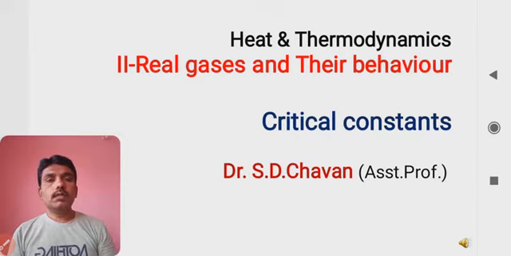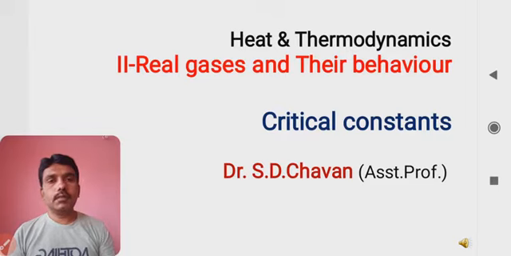Now, critical constants. We have already seen what a critical point is. It is the point below which gases are converted into liquid, and that temperature is called the critical temperature.